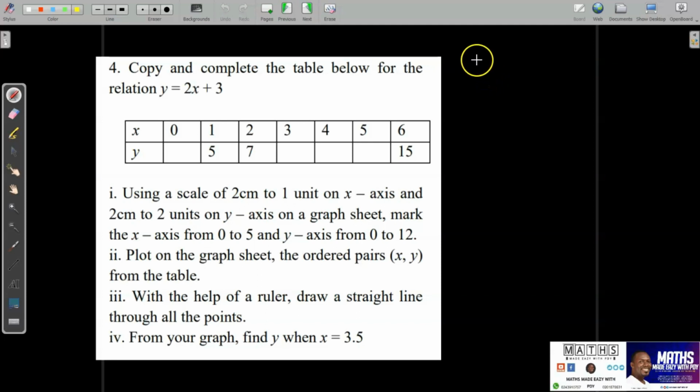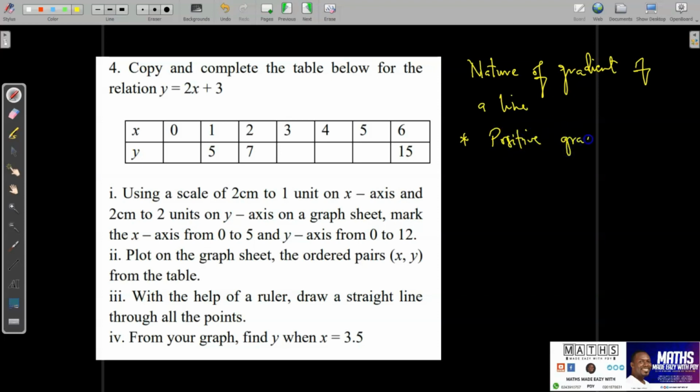The two main types are generated as a result of the nature of gradients of a line. There are two main kinds: when they have a positive gradient, and when it is a negative gradient.